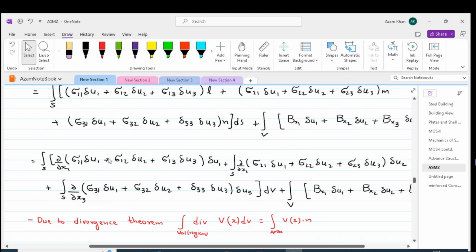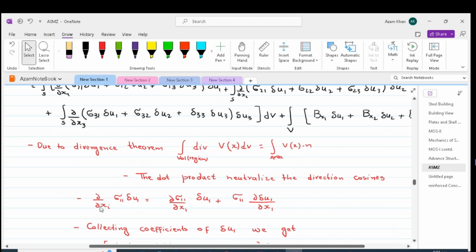So, repeating what we said, we can apply the partial differentiation on all the coefficients of delta u's. Every term within the coefficient is dependent on the variable with which we are taking partial differentiation, so that will give us a u times v form.